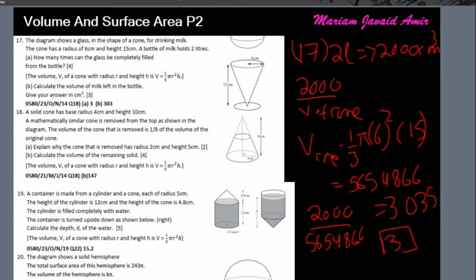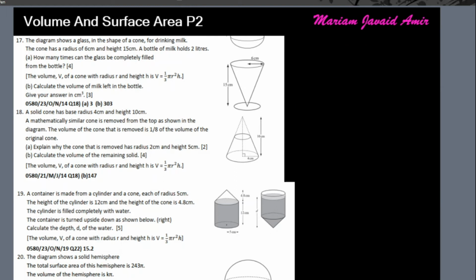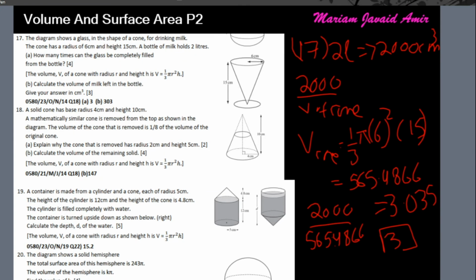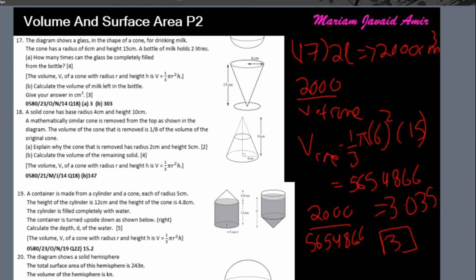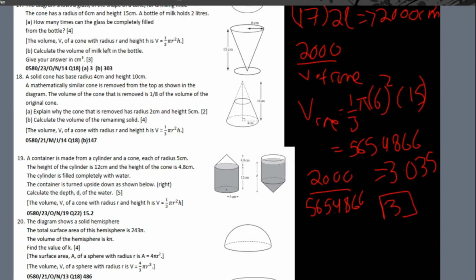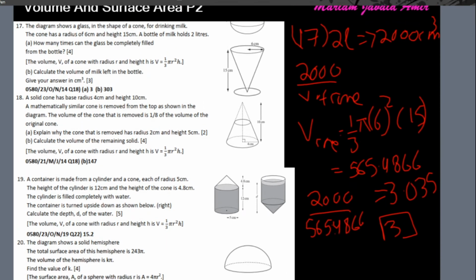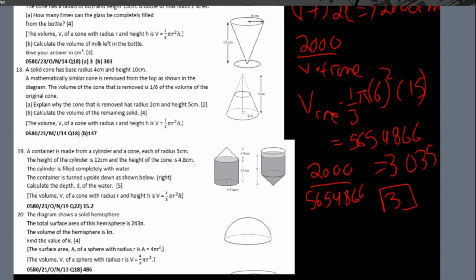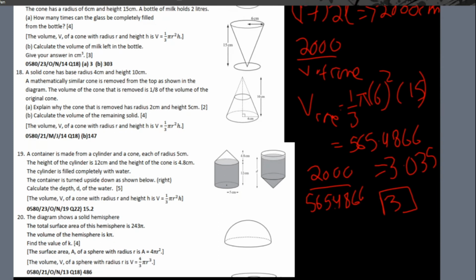Okay. Part B. Calculate the volume of the milk left in the bottle. So we have to subtract the two volumes. So 2000, no, in fact what we can do is we'll do 2000 minus, we got to fill the glass 3 times and the volume of the glass is 565.4866.